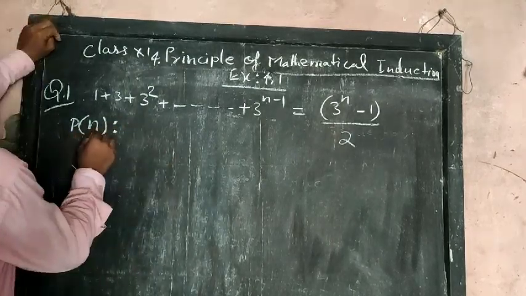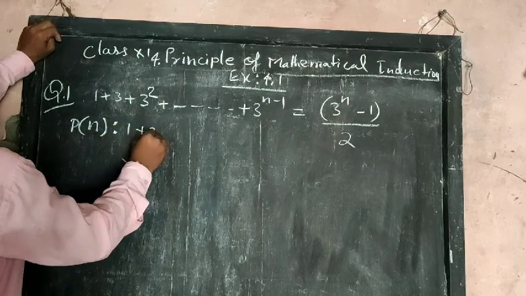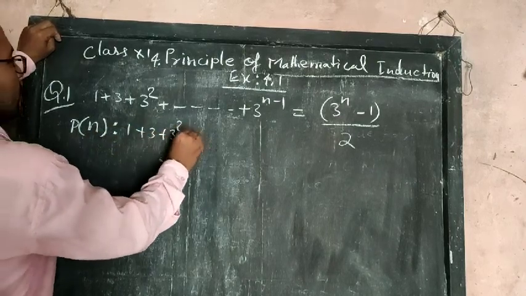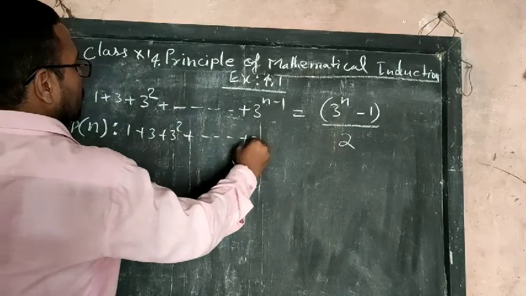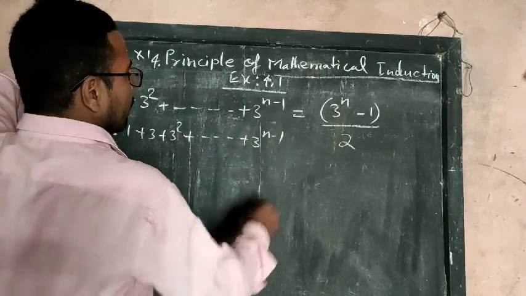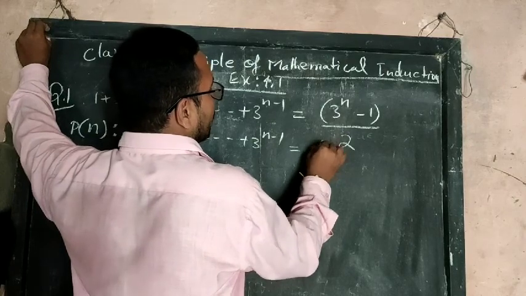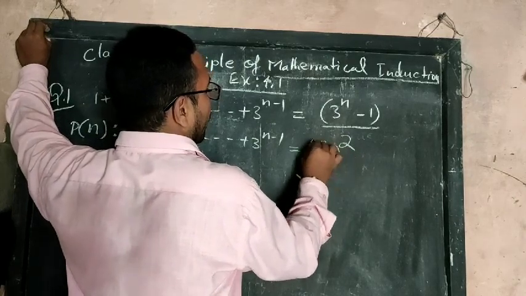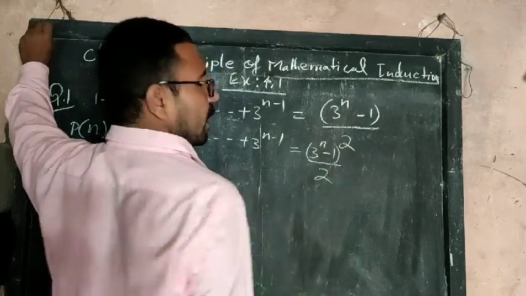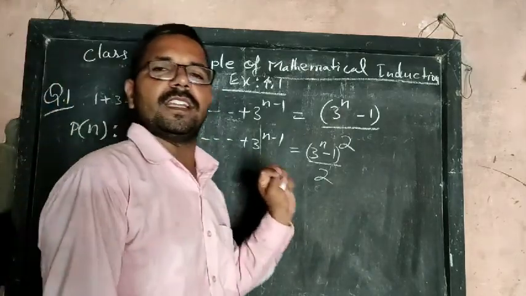So Pn such that 1 plus 3 plus 3 square plus up to 3 to the power n minus 1 is equal to 3 to the power n minus 1 by 2. The given statement I have written in the form of Pn.